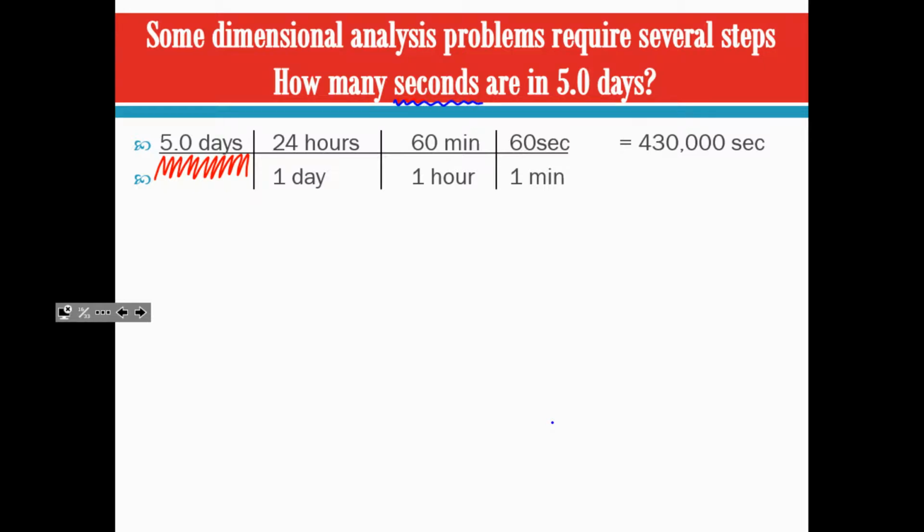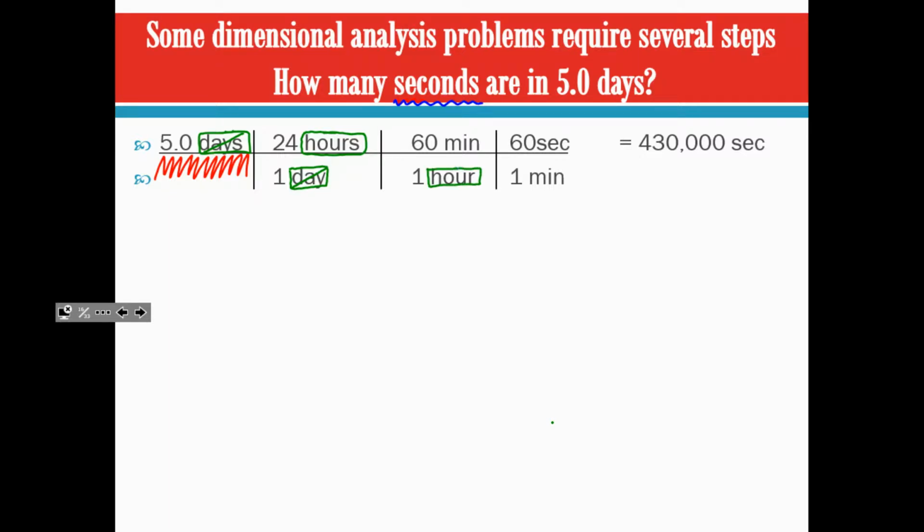The first conversion I need to cancel is days. That's why I put days on bottom. The conversion, one day, there's 24 hours. So I canceled out days so that I could go into hours. But I'm not to seconds yet. So I had hours on top now. I need another conversion factor.